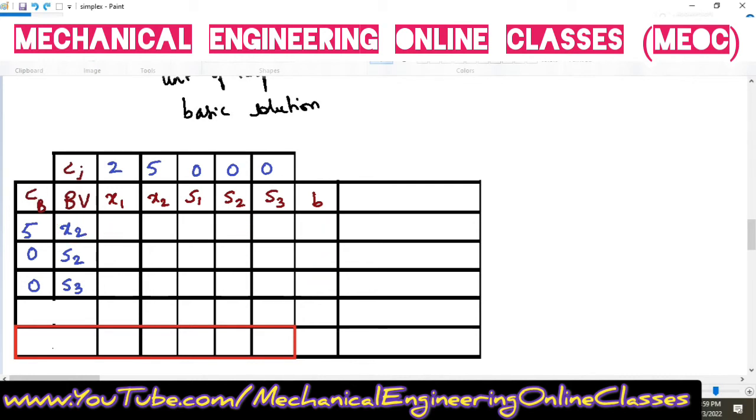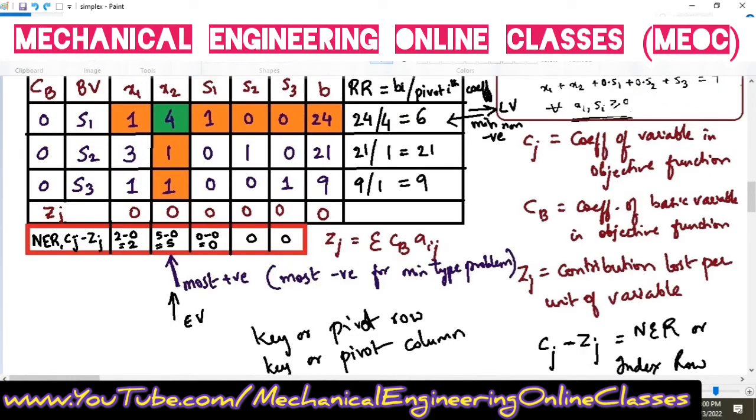For that we have to apply some row operations on the given matrix, in such a way that, like how s1 to s1 is 1 and s1 to s2, s3 are zeros, similarly s2 to s2 is 1 and s2 to s1 or s3 is 0, and similarly s3 to s3 is 1 and s3 to s1 or s2 is 0.